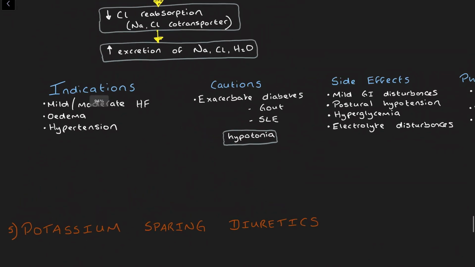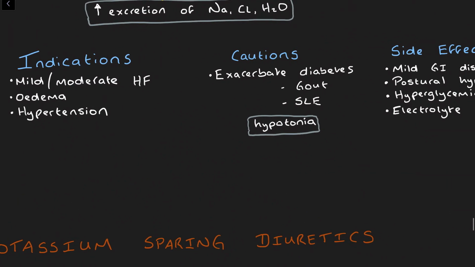Some of the indications include mild to moderate heart failure. Bendroflumethiazide can be used in this case, as well as for edema and hypertension. Bendroflumethiazide is no longer considered the first line for hypertension as a thiazide diuretic.